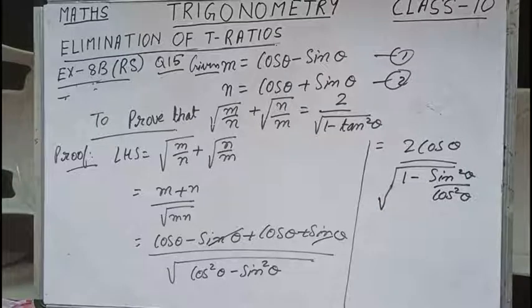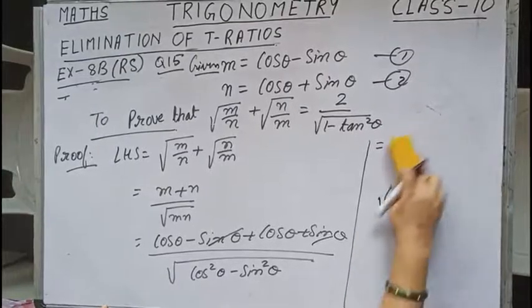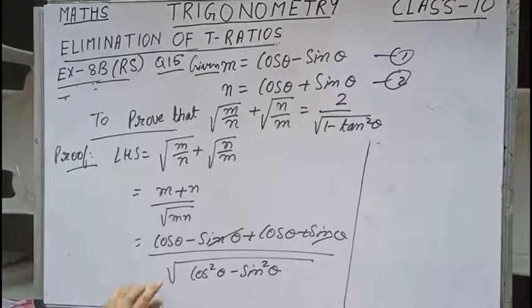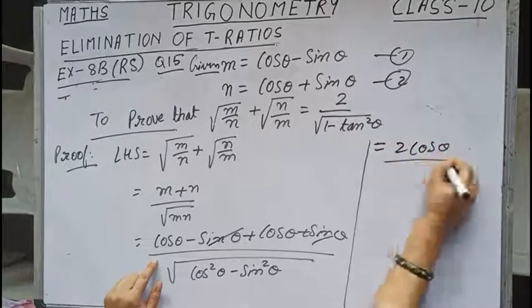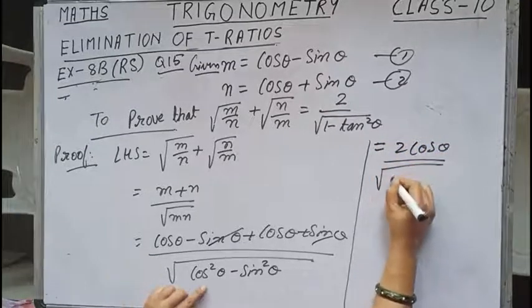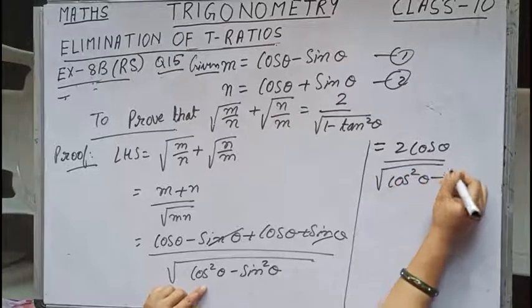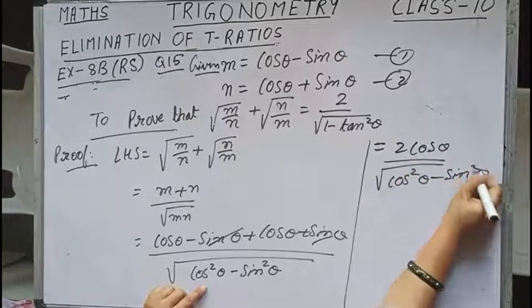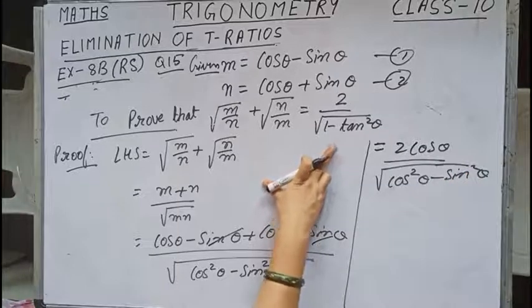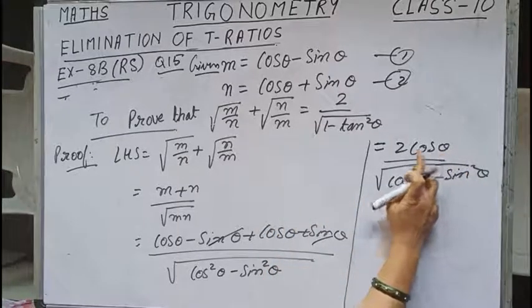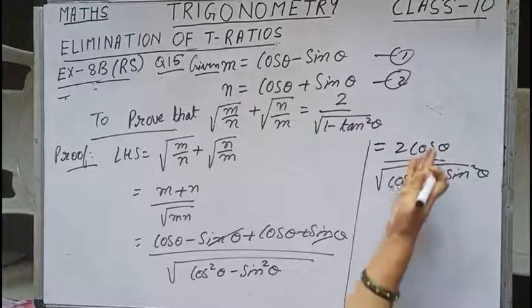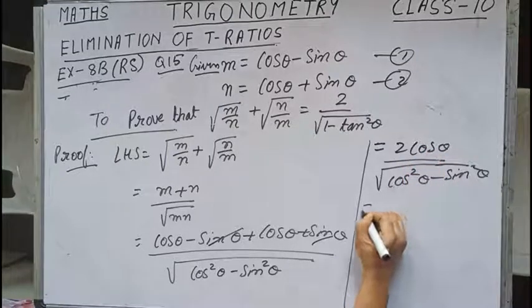Better understand in more explanatory method. This I can write as 2 cos theta by under root cos square theta minus sin square theta. Now I have to get over here 1 minus tan square theta, and this is cos theta. I don't need cos theta in the numerator, so better this numerator I am making it over here denominator.